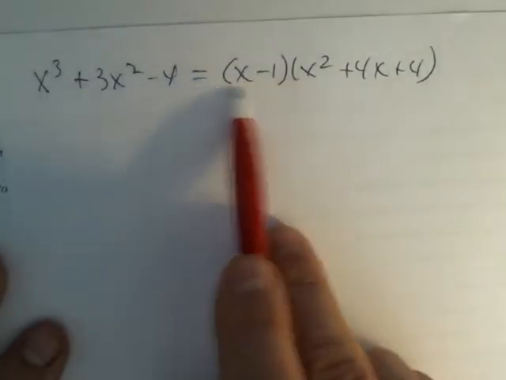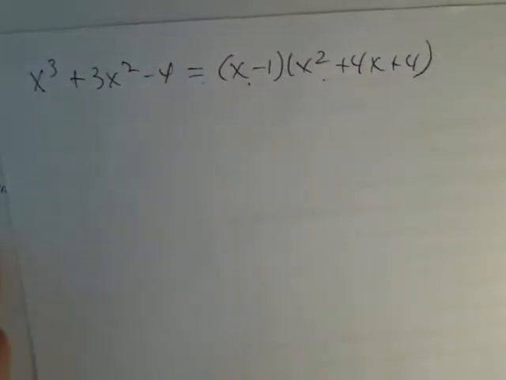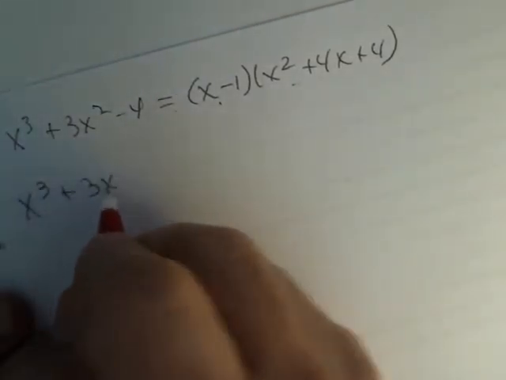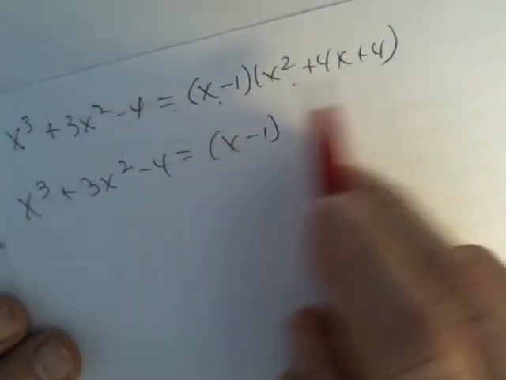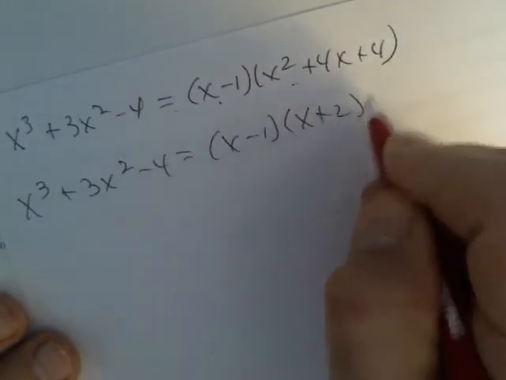I've taken out one factor, and now I'm left with a quadratic expression, excuse me, and I can factor this again using the FOIL method. So you don't have to use your synthetic division. You certainly can use synthetic division, but hopefully we just remember how to do our FOIL method.